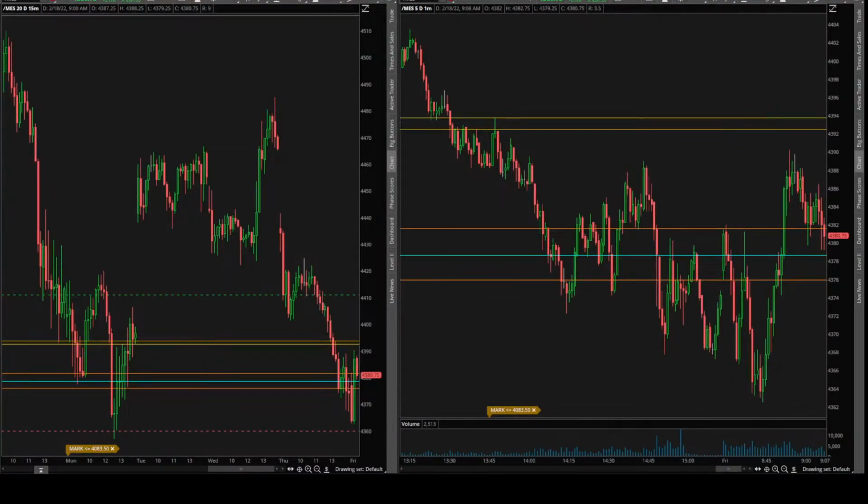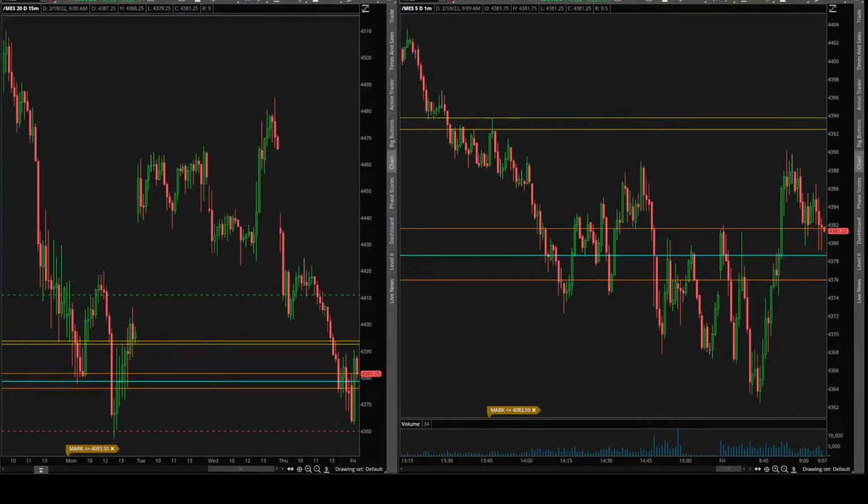Watching the NQ real close to overnight lows. Got another minute left on the 5-minute bar here. Needing it to stay above this 74 level.